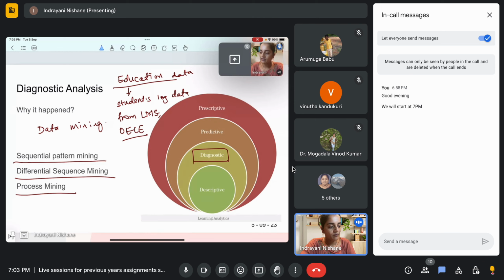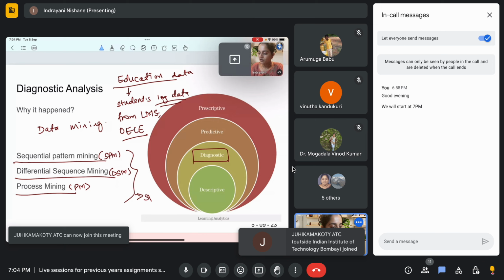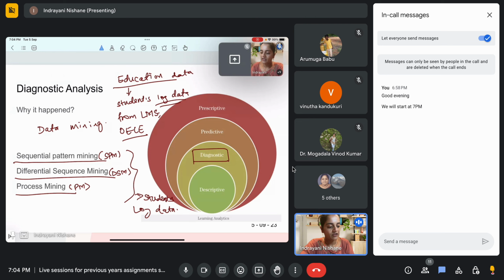So mostly we will be talking about log data when we are talking about sequential pattern mining, or SPM as the short form suggests, differential sequence mining, or DSM, or process mining, or PM. All these three techniques work well on students' log data. That means when we are talking about sequential pattern, that is pattern from the students' log data.